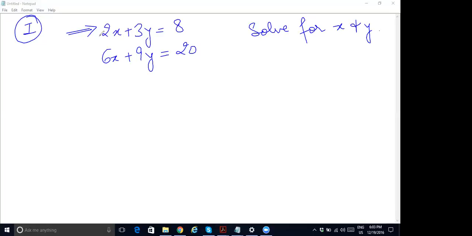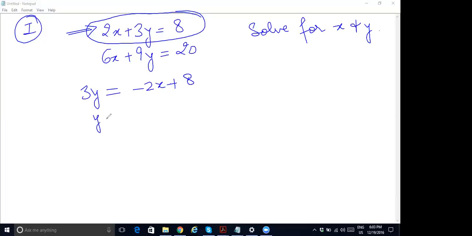If I have to write this equation, let's say the first equation 2x plus 3y is equal to 8, I can say 3y is equal to negative 2x plus 8, or y is equal to negative 2 by 3 x plus 8 by 3. What does this mean? Can you correlate this with this?